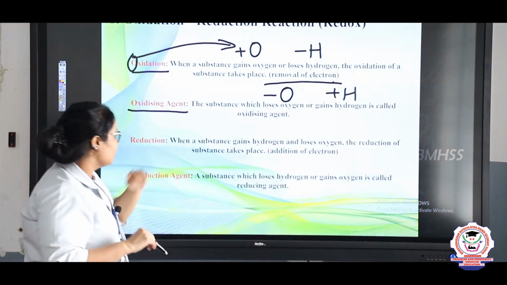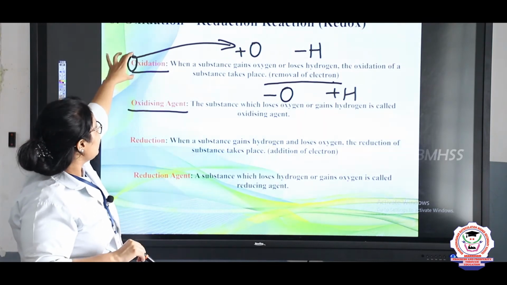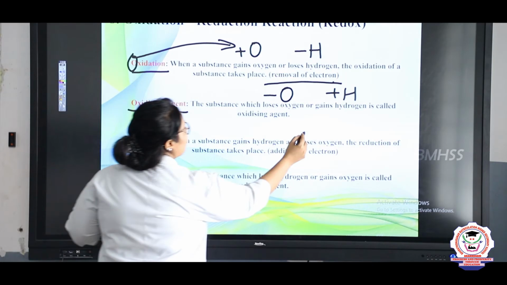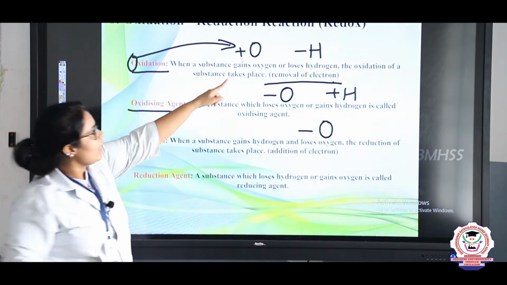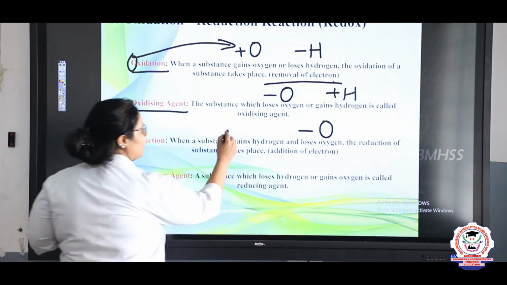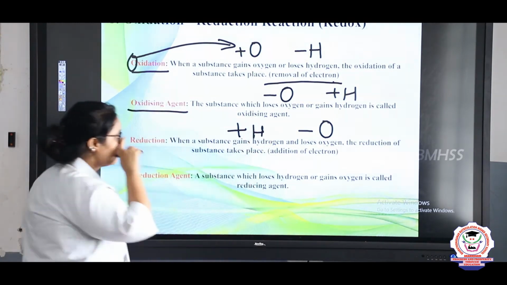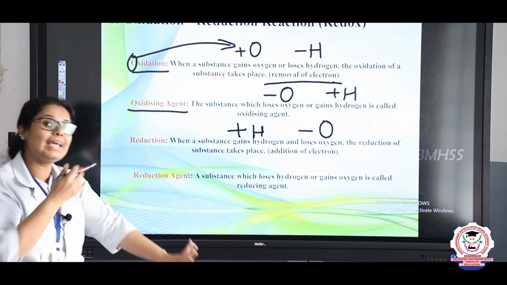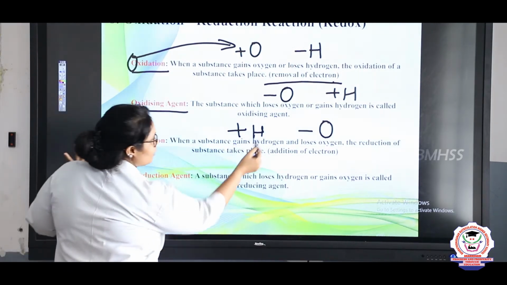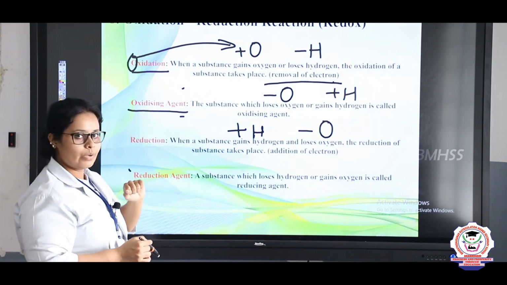Same way, now let's come to the reduction. Just tell me oxidation means plus O. So reduction means minus O. There in oxidation it is minus H. So here it will be plus H. Same way here electrons will be added. Now let's come to the reducing agent. So when you are seeing the reducing agent, you can compare it with this, okay?